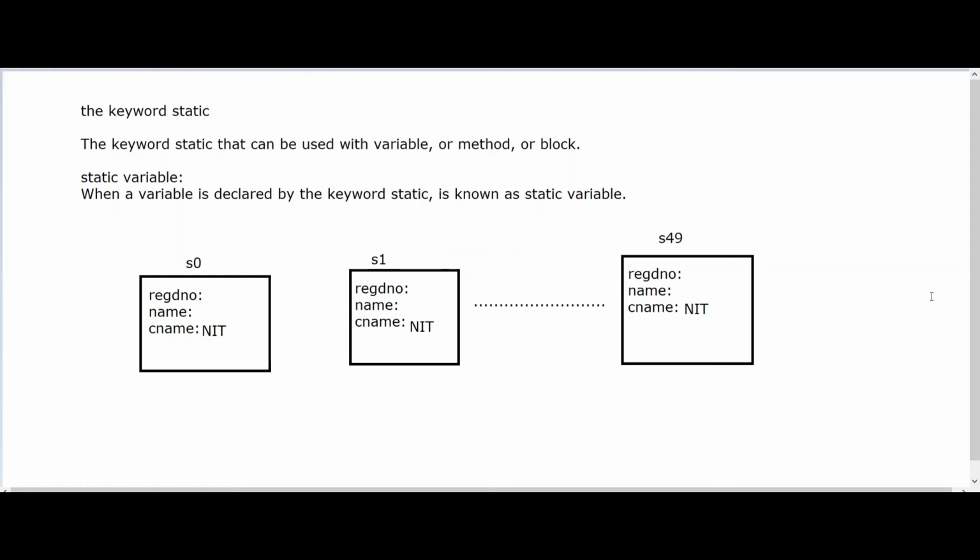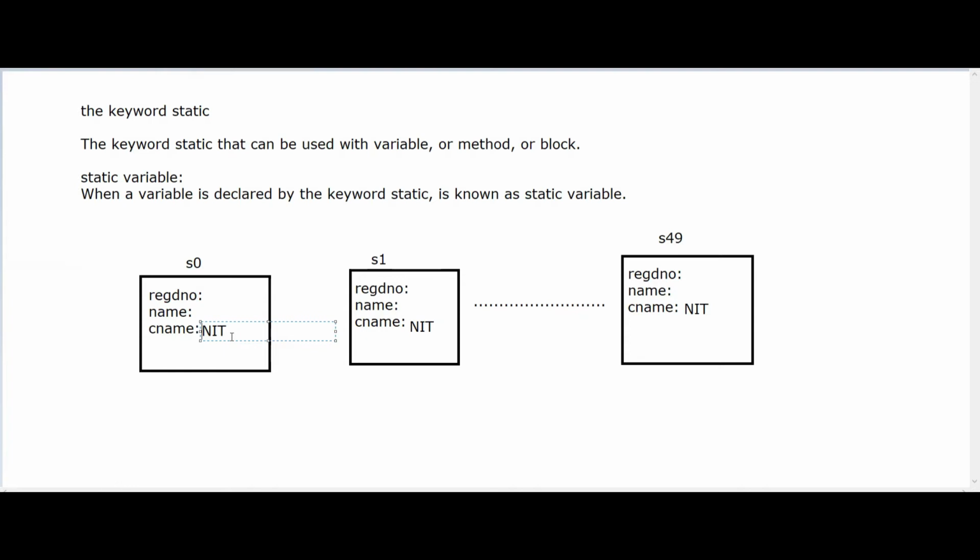Suppose we analyze NIT. How much memory is required for assigning NIT? NIT has three characters: one, two, three. In Java programming, each character occupies 2 bytes of memory.